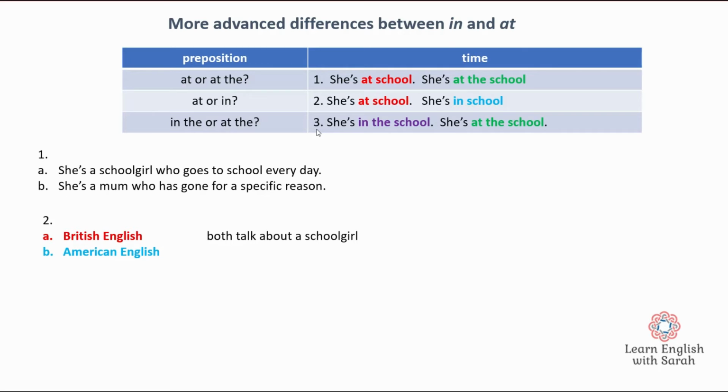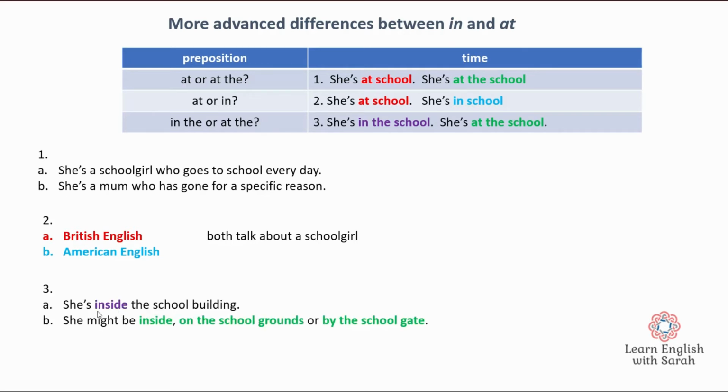And then this last one here, this first one, she's in the school, she's physically inside the school building. And this second one here, she's at the school, she's maybe inside the building, but she could be on the school grounds, or she might be by the school gate.